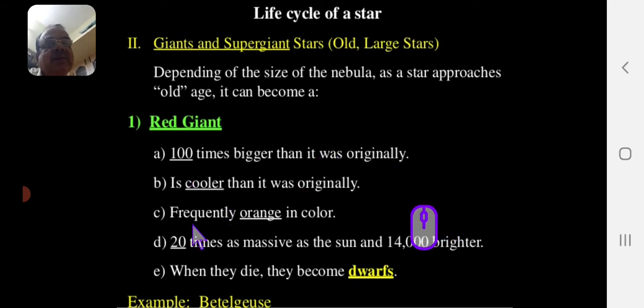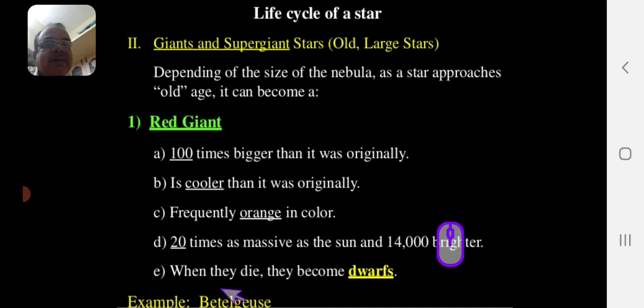They frequently turn orange in color. In the red giant stage they become 20 times more massive. When the red giants die, they become very cold and nuclear fusion totally stops.